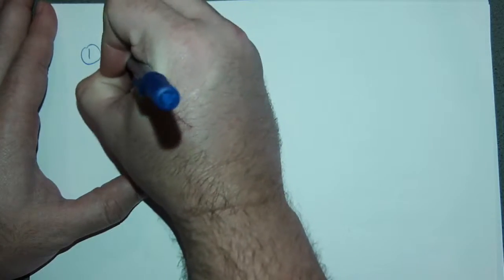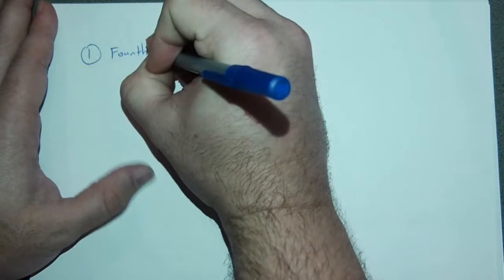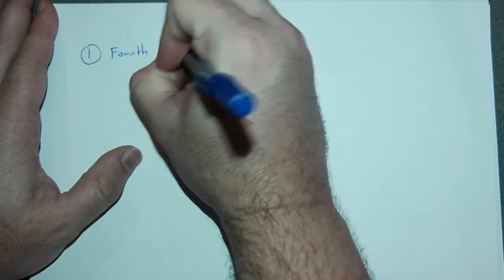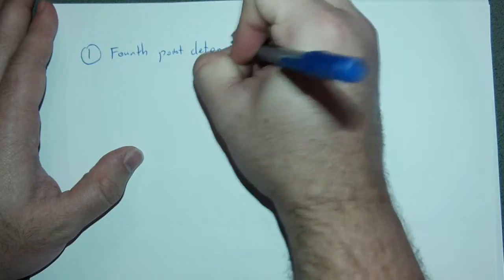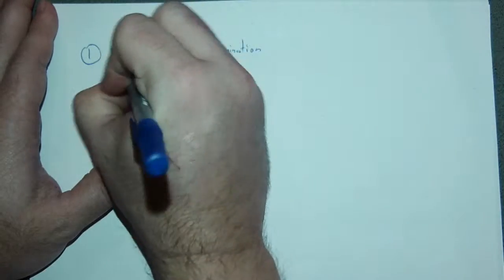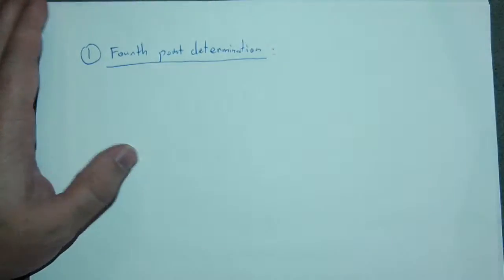So the first property that we're going to discuss is what's called fourth point determination. So this is fourth point determination. What does that mean? Well, let me write out the full statement here.